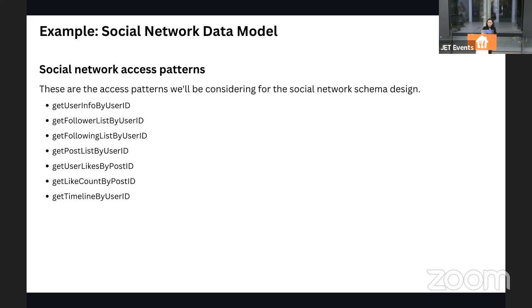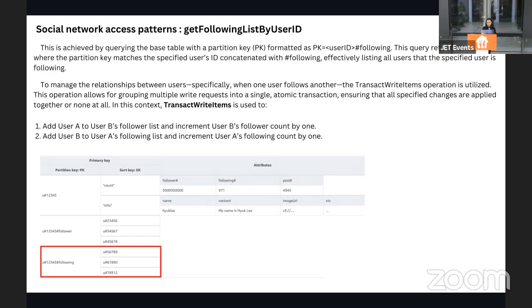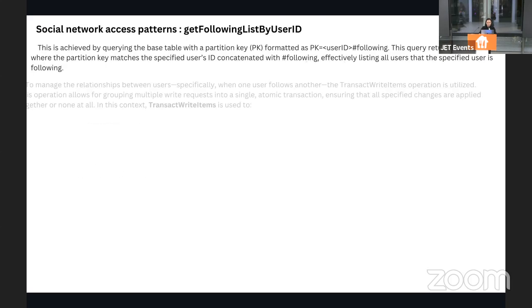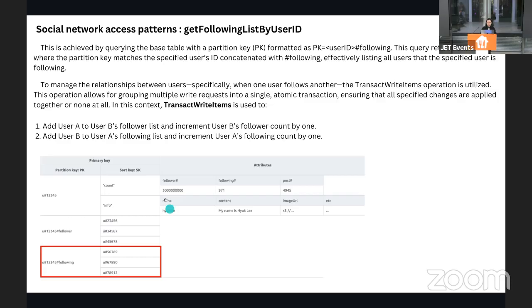There are patterns which we know ahead, what we need, what we want to have, and when it comes to DynamoDB, because I was thinking that there will be a time constraint, I just cover one of the patterns, which is get following list by user ID.